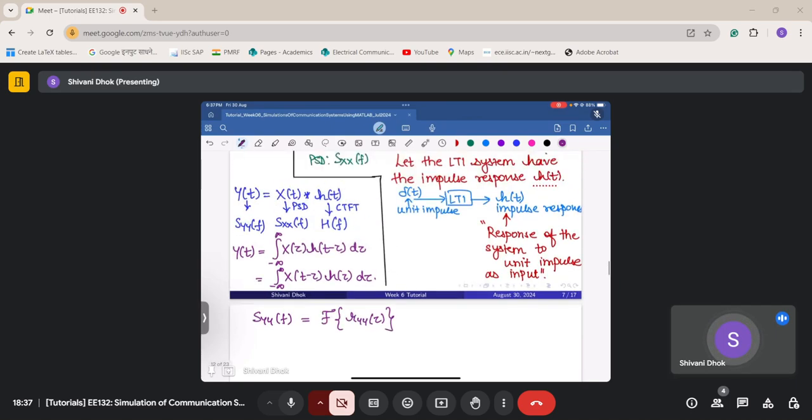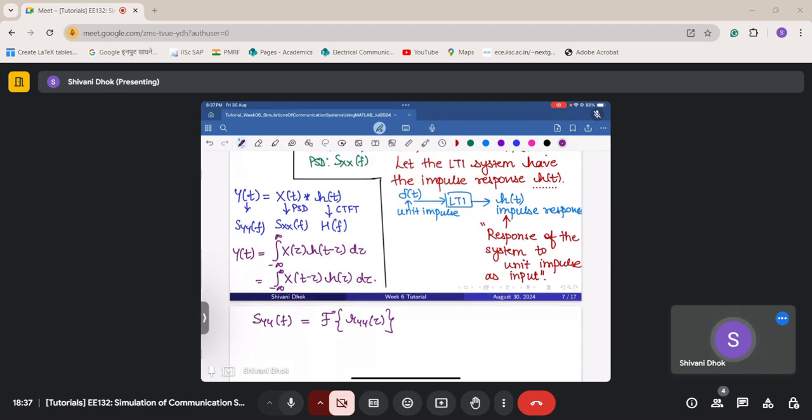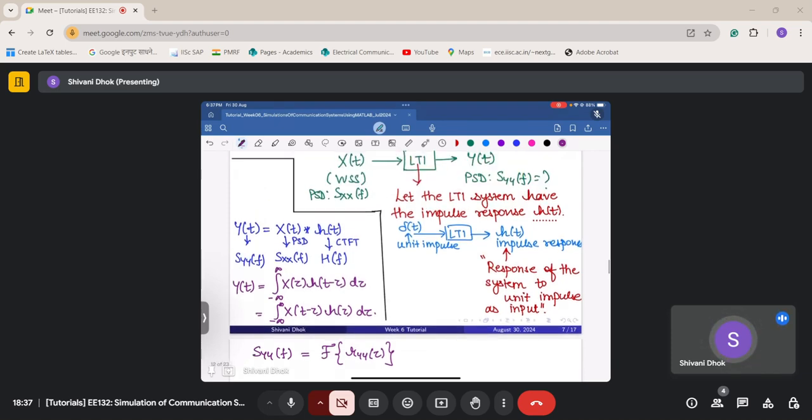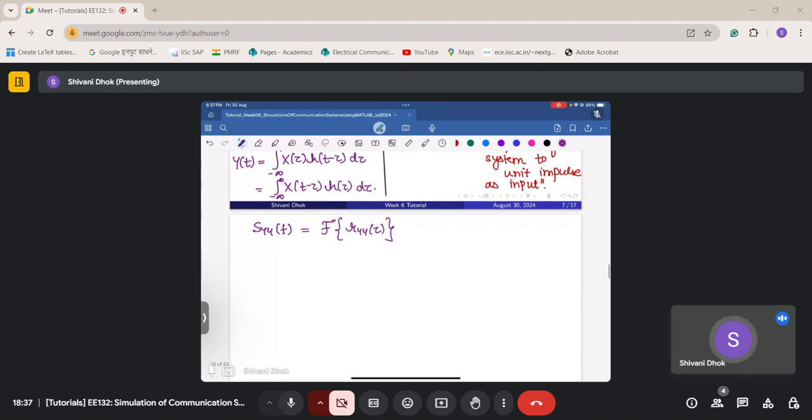This is an LTI system, and we are giving a wide-sense stationary process as an input, so we get a wide-sense stationary process as an output. So Ryy(tau) and Syy(f) are Fourier transform pairs. We can write this as the integral from minus infinity to infinity of Ryy(tau) e^(minus j 2 pi f tau) d tau.